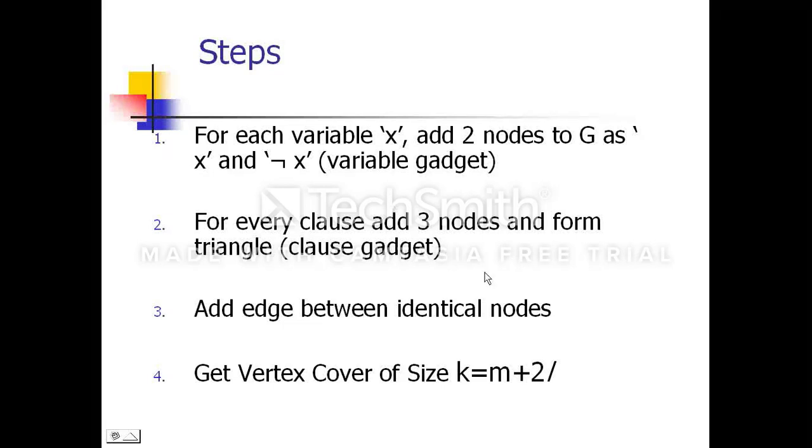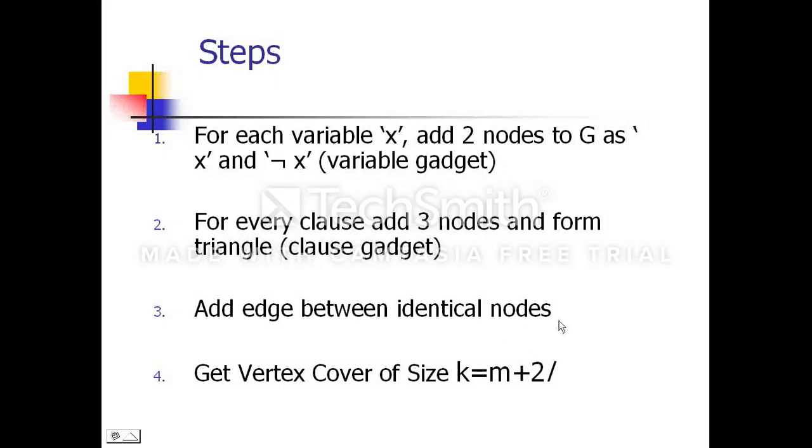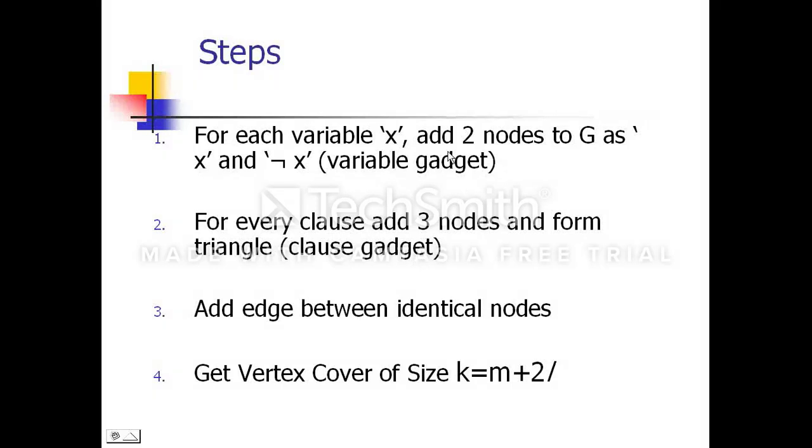Three nodes will be created which will form a triangle, that is going to be the clause gadget, and then we will be adding an edge between identical nodes. Now it may happen that there is an x1 node present in the variable gadget and also an x1 variable present in the clause gadget.